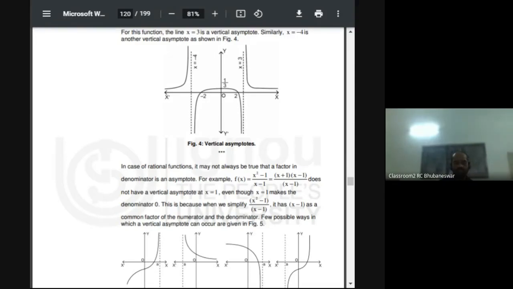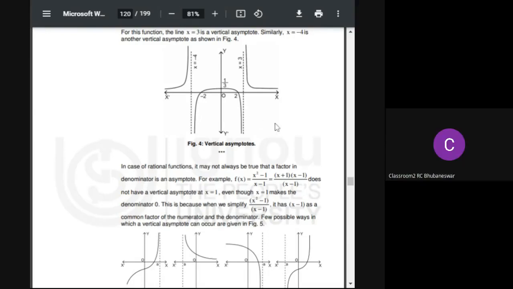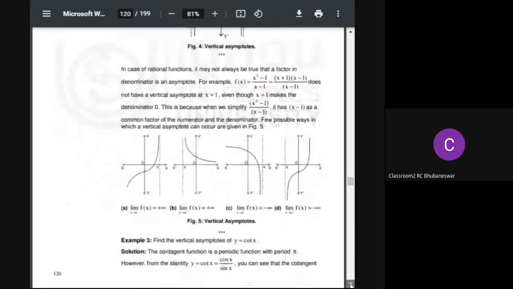These lines are the asymptotes to the curve, because the dotted line, that means the straight line, and the curve are gradually getting closer.